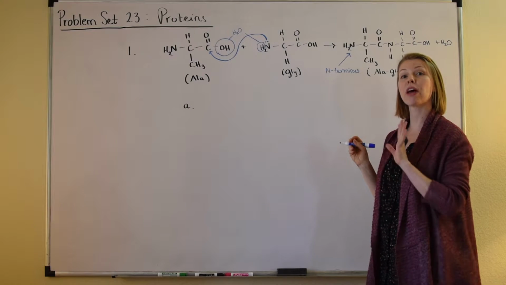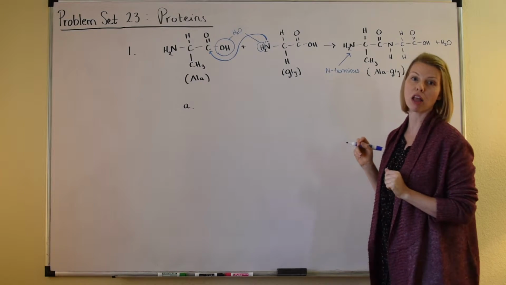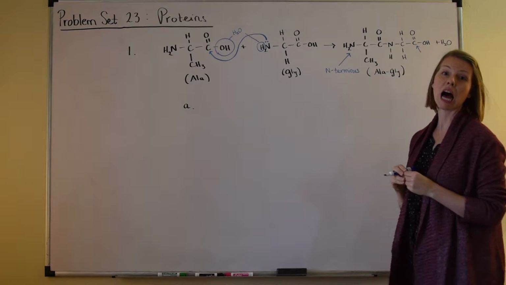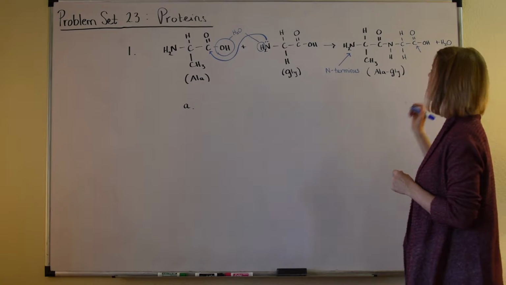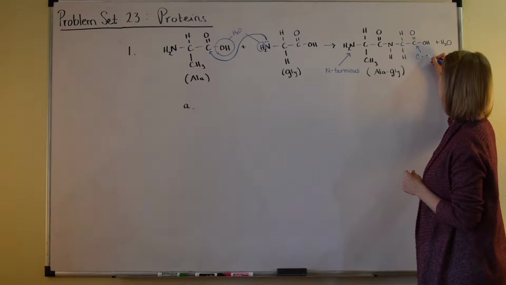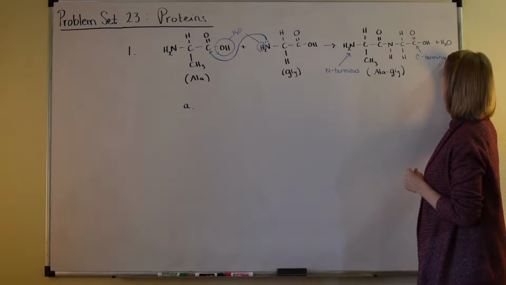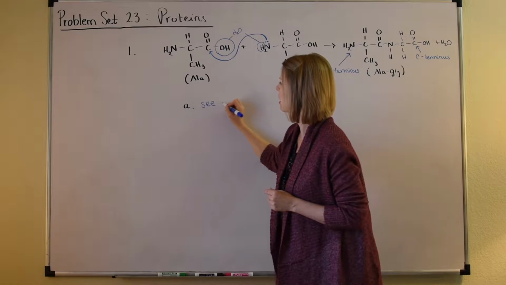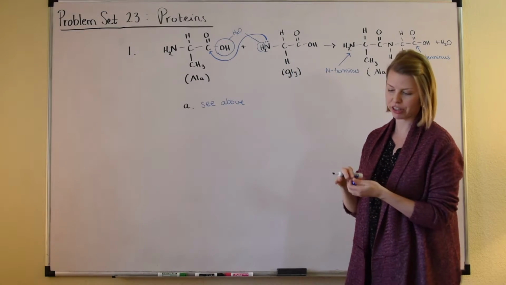And remember that that is traditionally going to be drawn on the left side of the molecule. And the C-terminus is the side of this dipeptide that has the free carboxylic acid. And that's going to traditionally be drawn on the right side. So here is our C-terminus. Okay, so for part A, I'll just write C above, because I labeled it up there in the drawing.